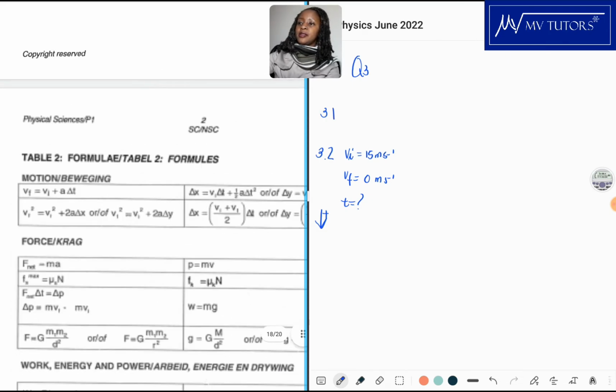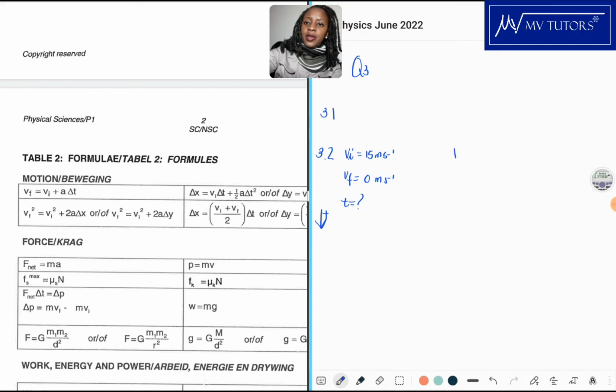I would take the first equation over here. It's quite simple and straightforward. The final velocity is equal to the initial velocity plus the acceleration times delta t. Because we're looking at vertical projectile motion, a will be g, and since we are taking downwards as positive, g will be positive.